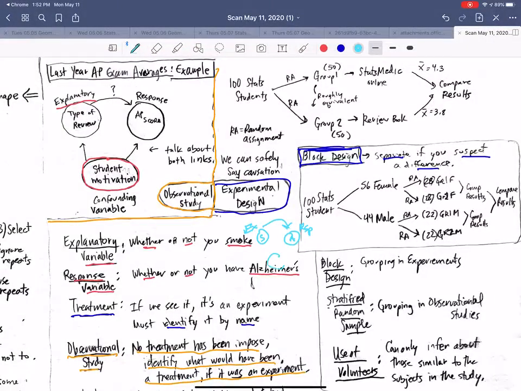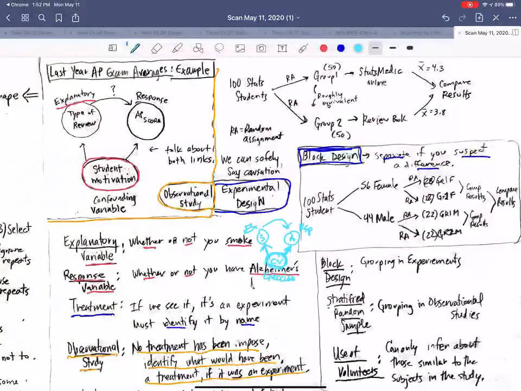And what would be a confounding variable? A confounding variable means I have to talk about how it affects either one. So let's say I put exercise here. Maybe people that exercise might not smoke, and maybe exercising helps ward off Alzheimer's.